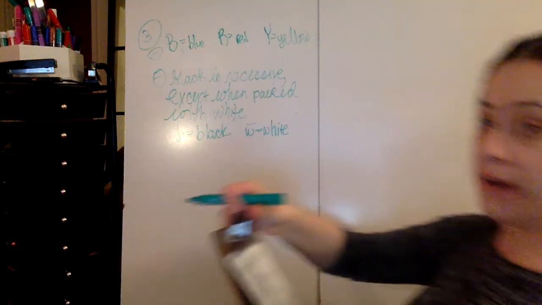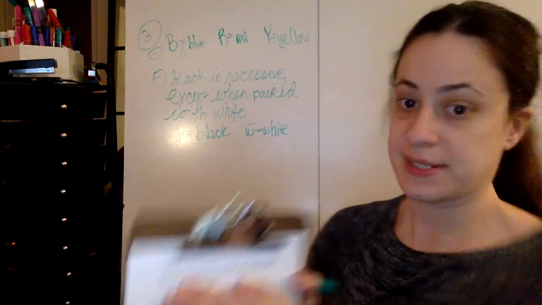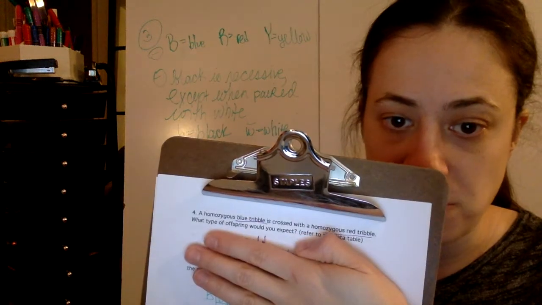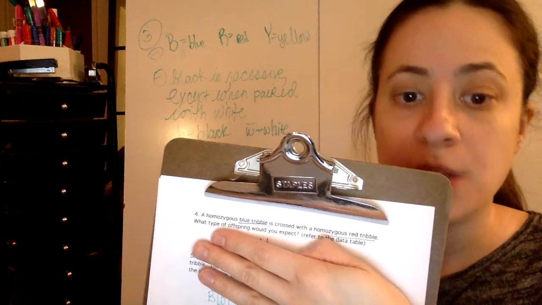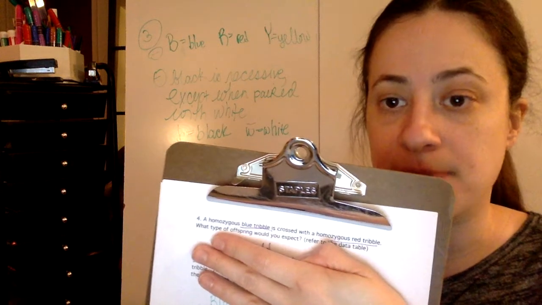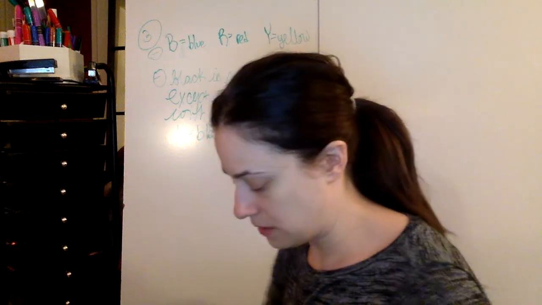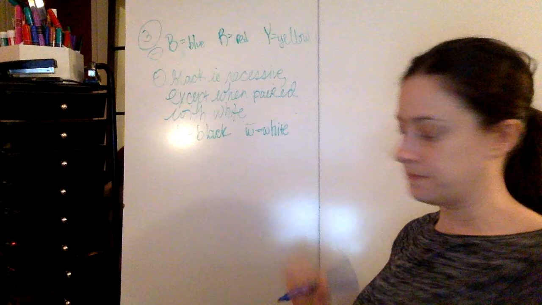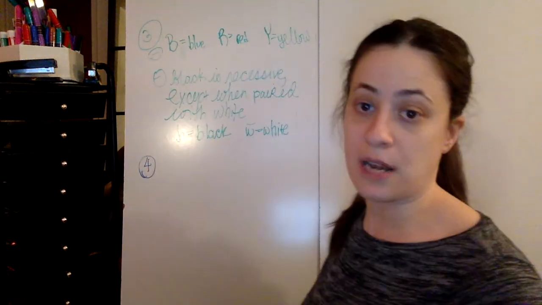Number 4 says, a homozygous blue tribble is crossed with a homozygous red tribble. What type of offspring would you expect? You may have answered it in your head already, but we'll set up the Punnett square.